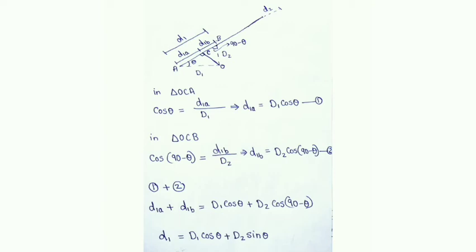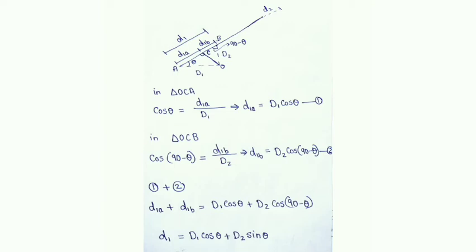Now drop a perpendicular from O to side AB. Let it be OC. The point C divides side AB into AC and CB of length d1a and d1b respectively.